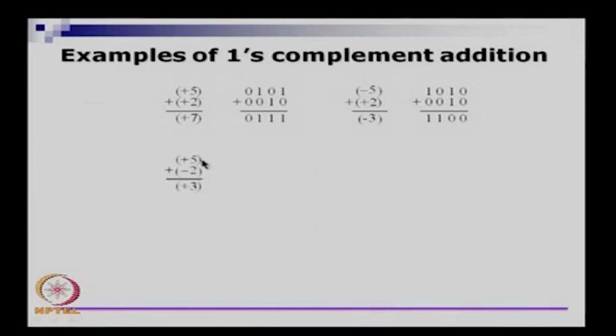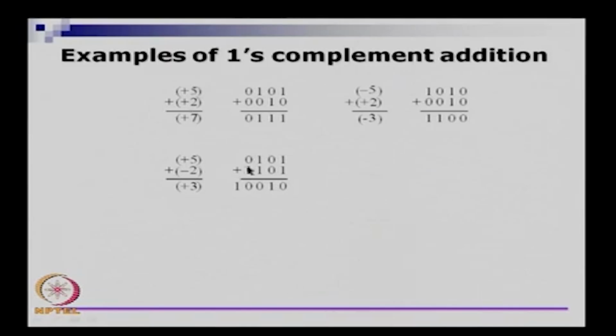Let us look at this one, 5 plus minus 2. We know that it should be plus 3. Let us see how this will work. Plus 5 is 0 1 0 1 and 2 is 0 0 1 0. So, minus 2 should be 1 1 0 1, and you add these two now.